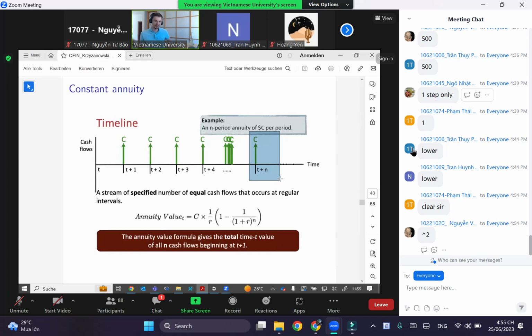It's quite a long equation, depending on how long n is. If I have a 3-period constant annuity, then you could still write that down. But as soon as you have maybe a 200-period constant annuity, there's a lot of things to write down, right?